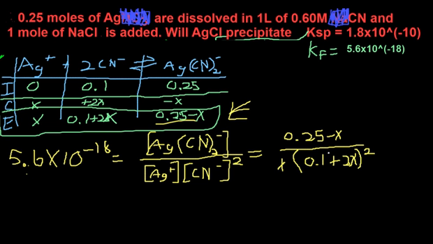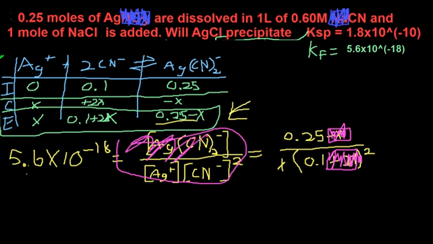That lets us get rid of this x and also this x. Now we have 0.25 over x times 0.1 squared, which is 0.01, and that equals 5.6 times 10 to the negative 18.